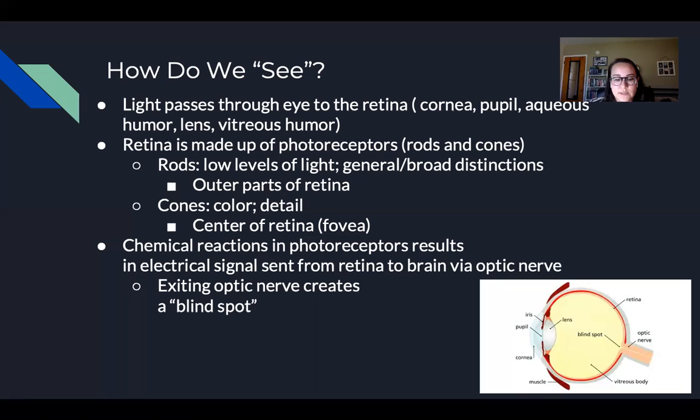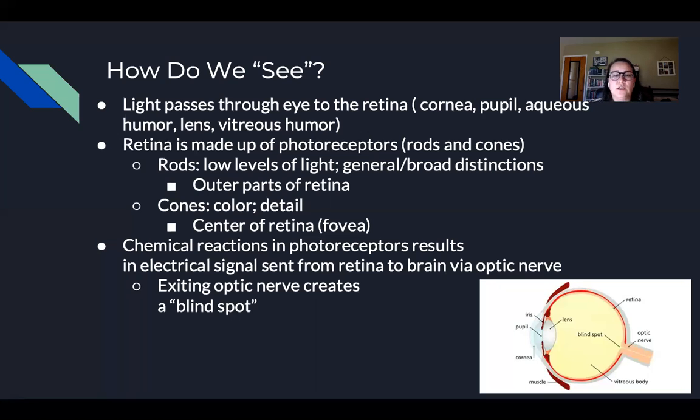Rods specialize in detecting lower levels of light and are how we're able to perceive general distinctions between objects when there's less light available. Our rods come into play when you wake up in the middle of the night and see what you think is somebody in your room, and then you realize, oh wait, no, that's actually just a pile of clothes that I left on my chair or on my desk.